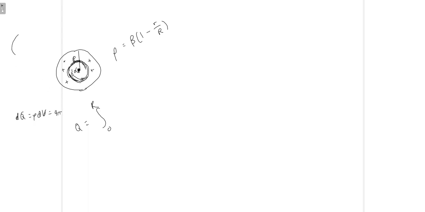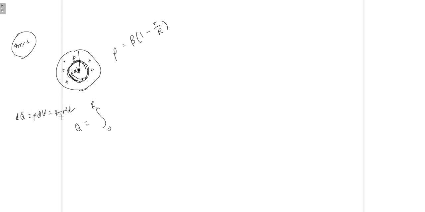The surface area of a sphere is 4 pi r squared, so this will be dr. So each change in volume is going to be 4 pi r squared times the change in the distance, and that's going to give us our incremental amount of charge.